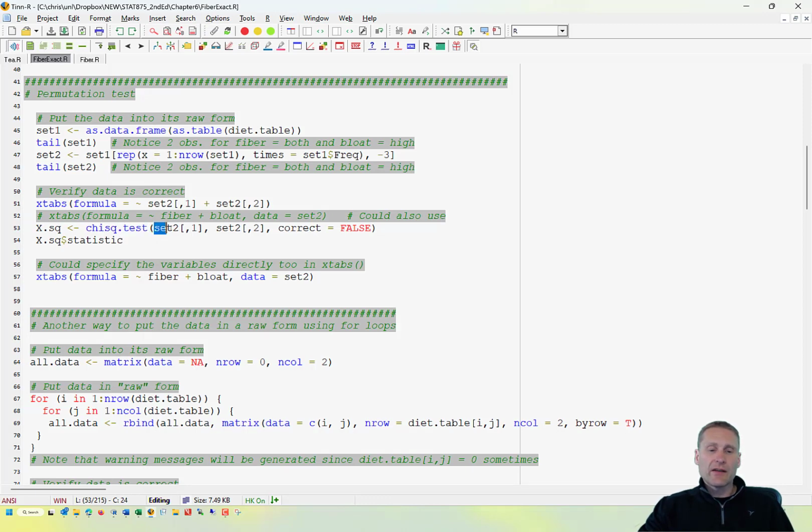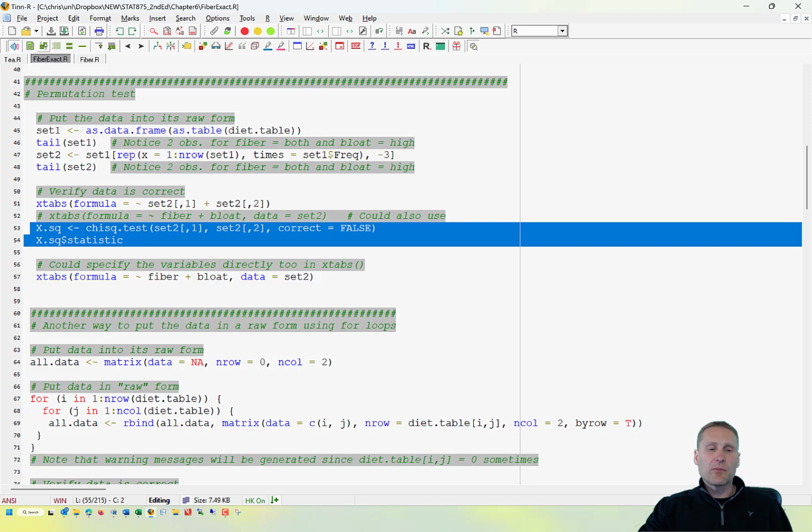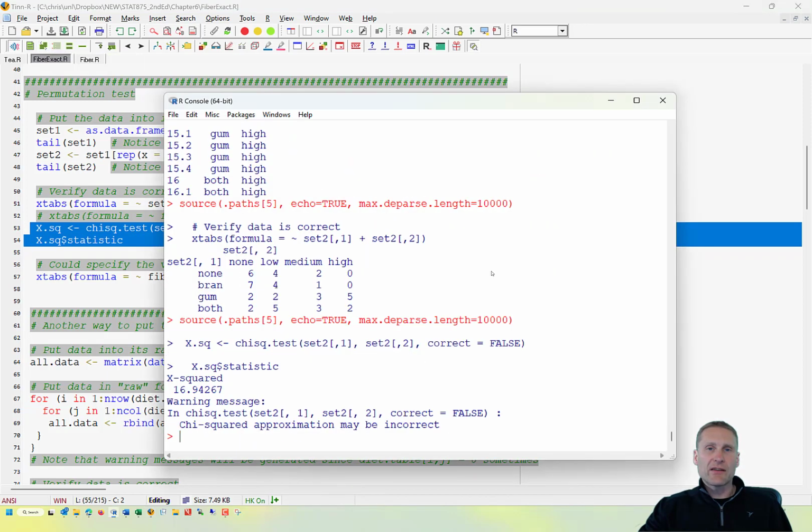The way that that is done, the first entry corresponds to the row number. The second entry corresponds to the column number. Correct equals false because I don't want that correction that's done by default. Put the results into x.sq. And if I just pull out the Pearson statistic itself from x.sq, this is what I get. I get the 16.94 that we actually had observed before when we first were looking at the fiber data. Okay.